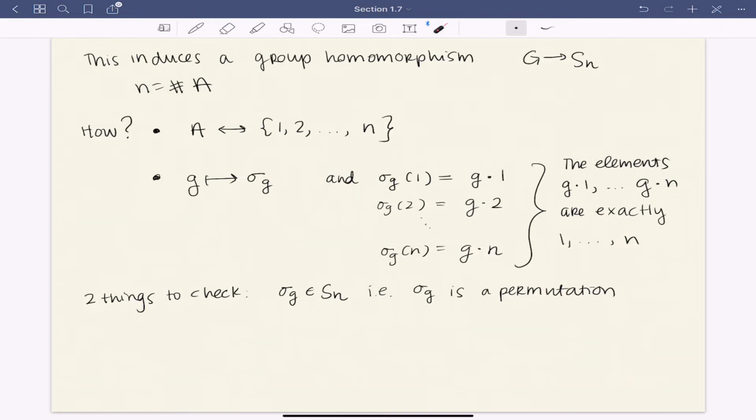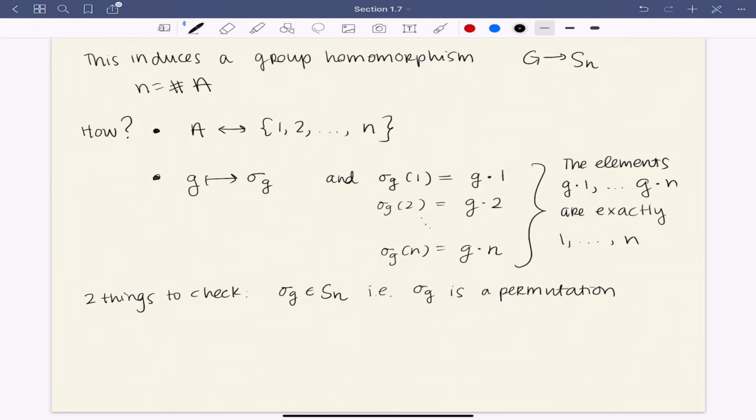Another way to say this is that this forms a bijection of 1 through n onto itself, because 1 through n is finite. To say that something is a bijection, it's enough to say that it's injective.